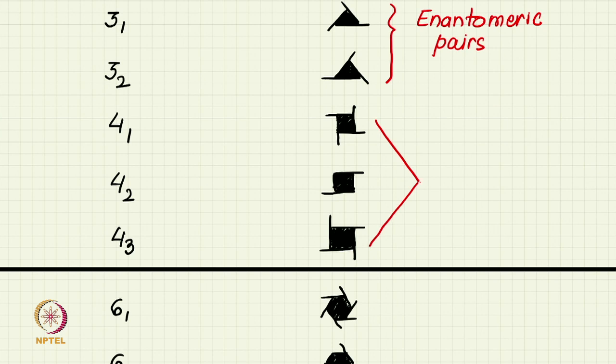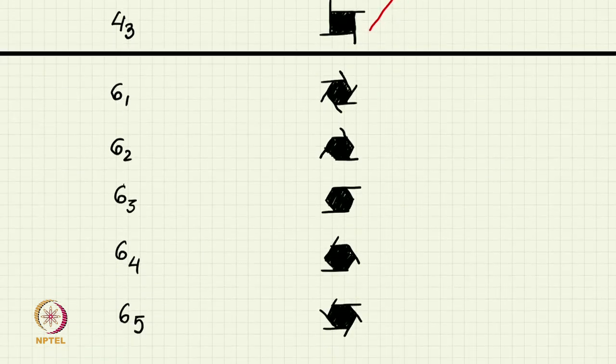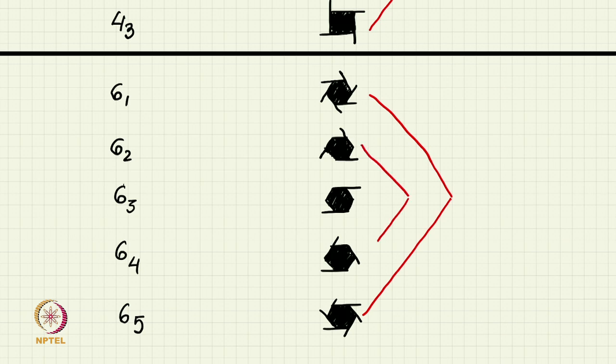So they are also enantiomeric pairs. In the case of 6, 6 1 and 6 5 are enantiomeric pairs, and so are 6 2 and 6 4.